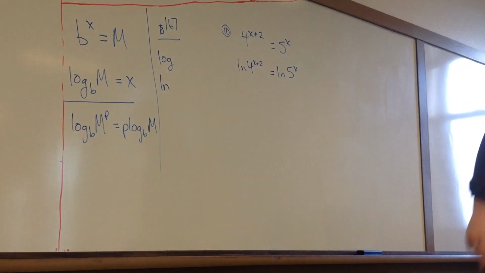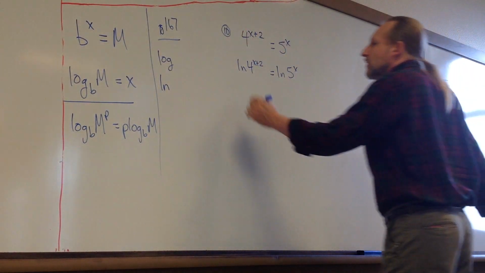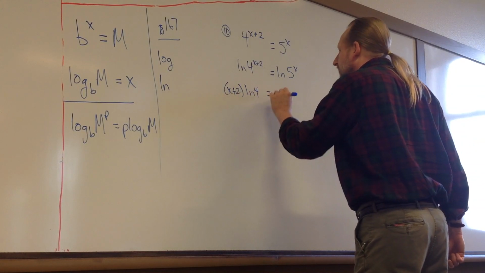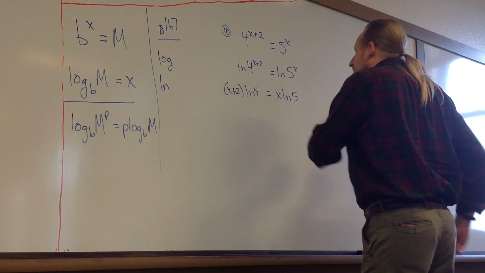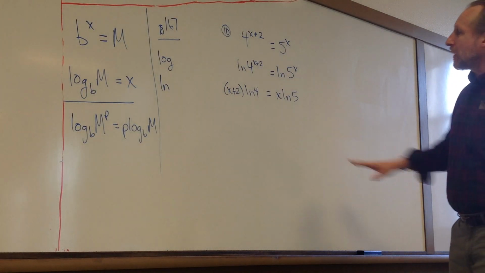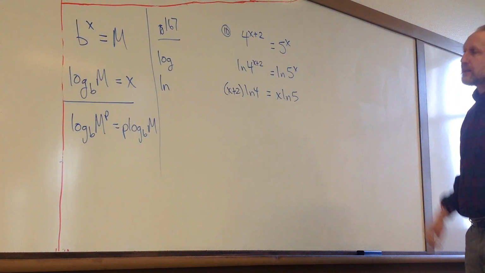Now notice that in this problem, we've got variables on both sides of the equation. So this x plus 2 comes down in front of the ln 4, and this x comes down in front of the ln 5.